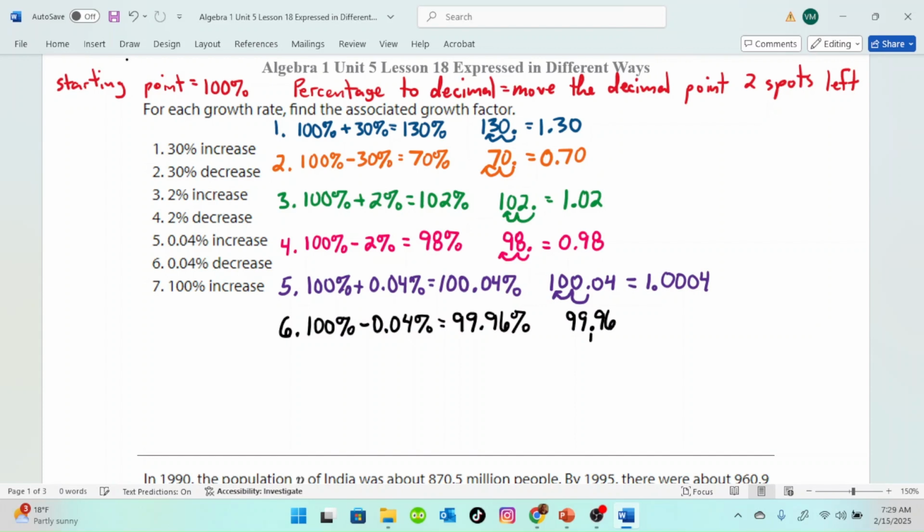We're going to move that decimal point 2 spots to the left, and the growth factor becomes 0.9996.